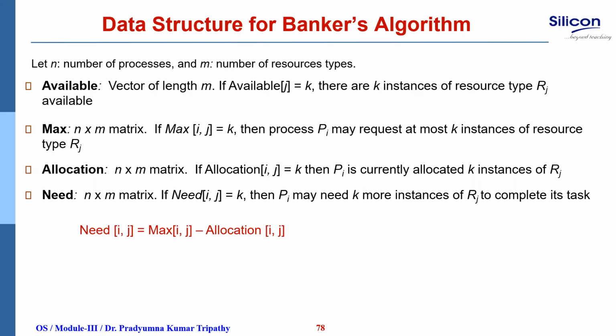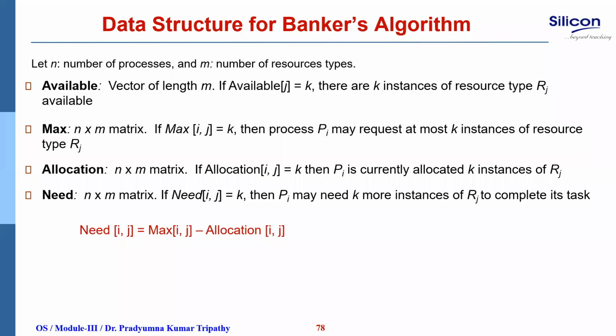What is the maximum demand? Whenever a process enters the system, it will say that this is my maximum demand. So every process entering the system must declare the maximum number of resources of each type that is required.